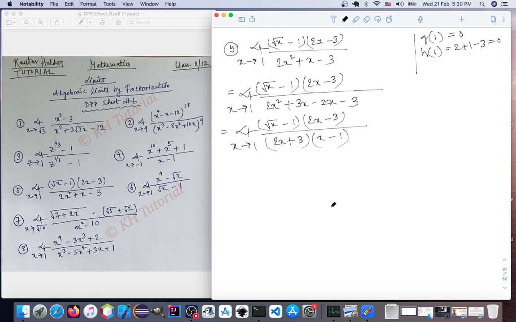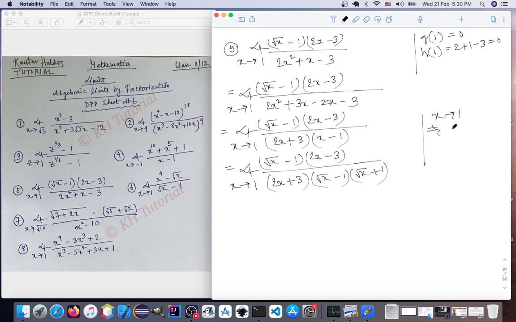Now we can further factorize x minus 1 in the denominator using a square minus b square formula, and it becomes root x minus 1 into root x plus 1. Now as x tending to 1 implies x not equals to 1 implies root x minus 1 not equals to 0, and we can cancel out root x minus 1.